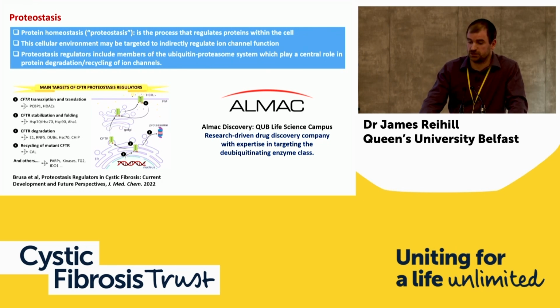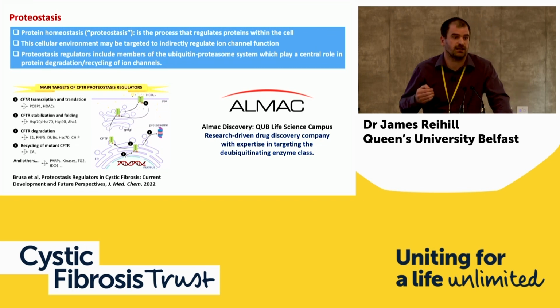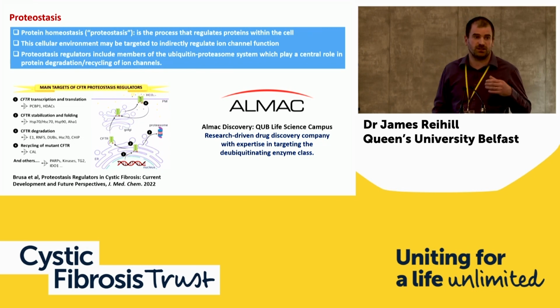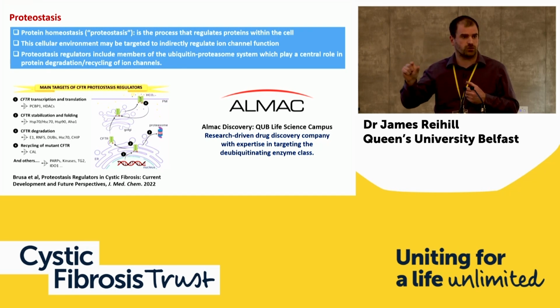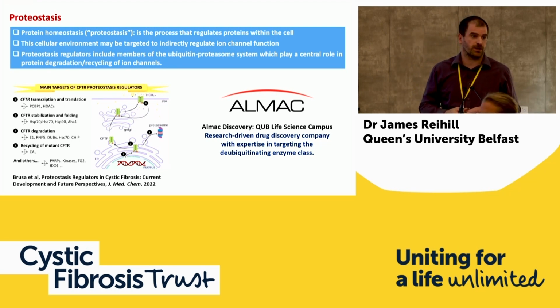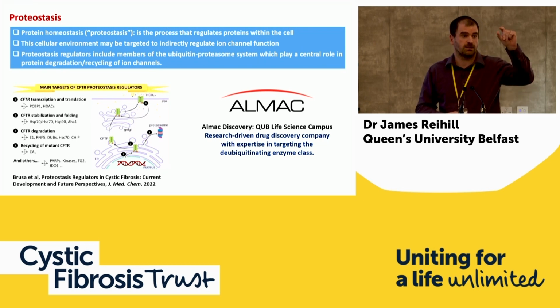Proteostasis regulators include members of the ubiquitin proteasome system, which has a central role in protein degradation or recycling of ion channels. Essentially, an E3 ligase adds ubiquitin to a protein target and signals it for proteasomal degradation, whereas a deubiquitinase, or DUB, can do the opposite, removing a ubiquitin and facilitating recycling of that protein.